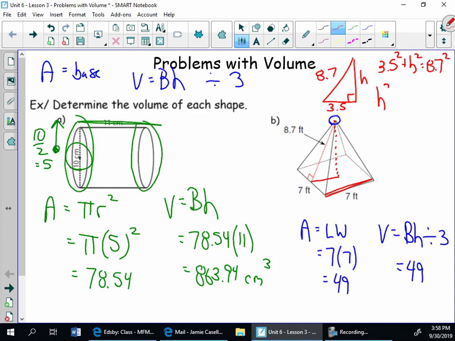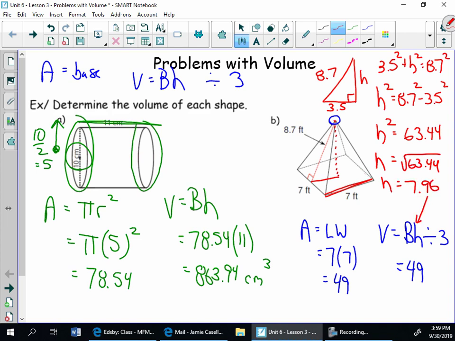We'll fix the order first, and bring the 3.5 over and subtract it. If we do our math up there, we'll get h squared is 63.44. That's after squaring and subtracting. And we know we have to square root this. And if we type it in our calculator, we get 7.96.